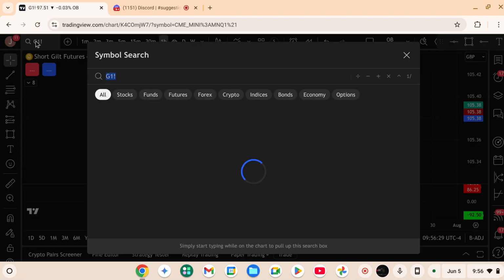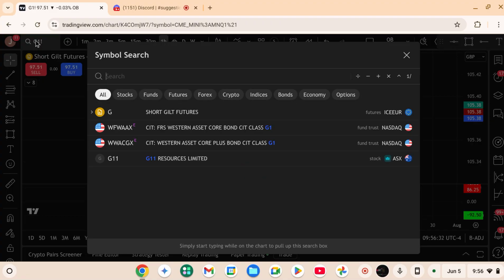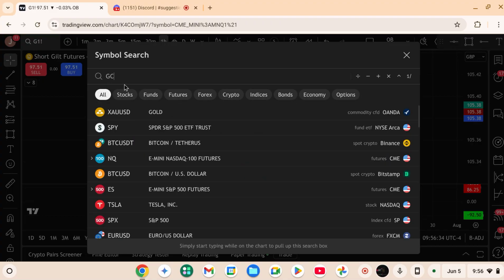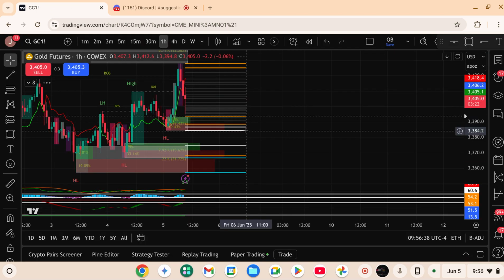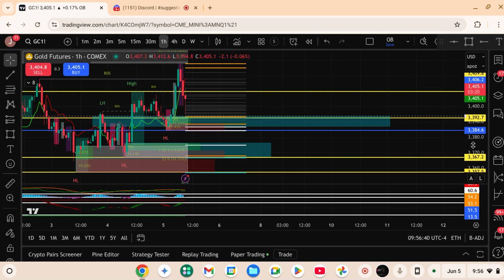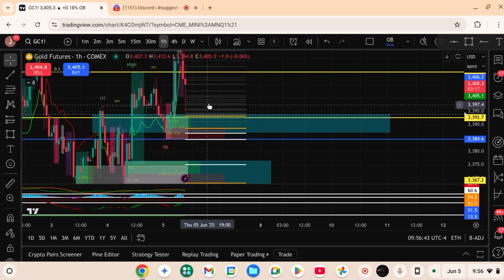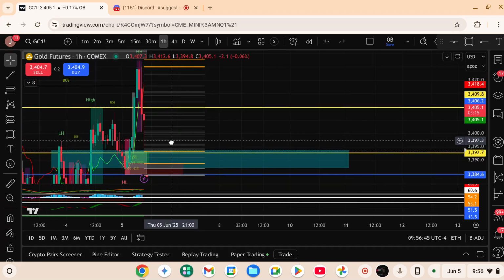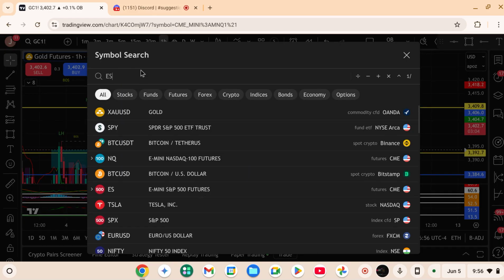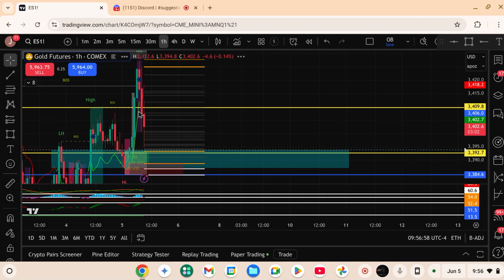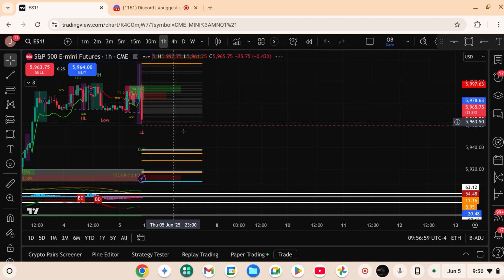Yeah, let's see ES. Have that big bearish candle.